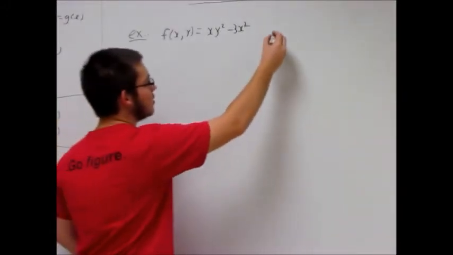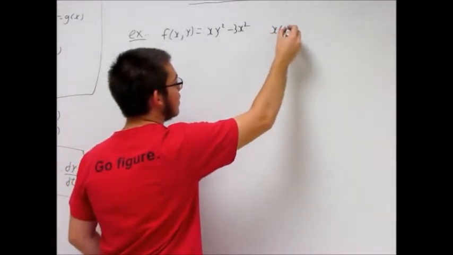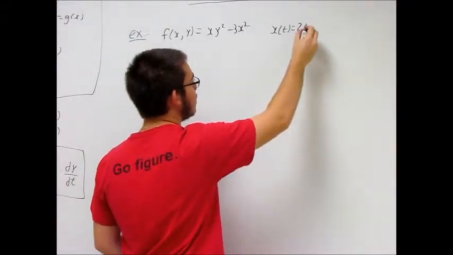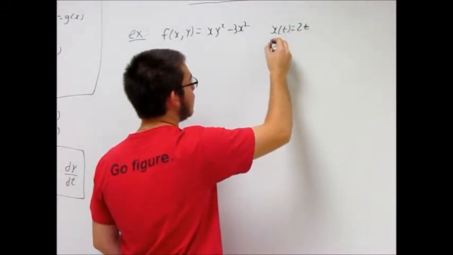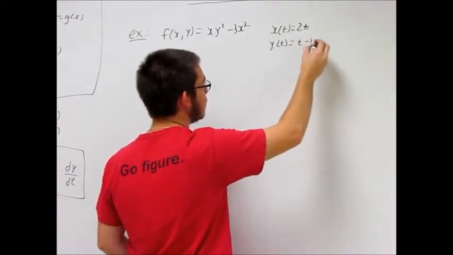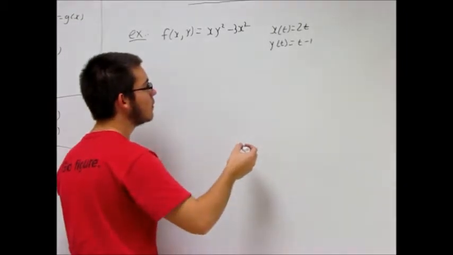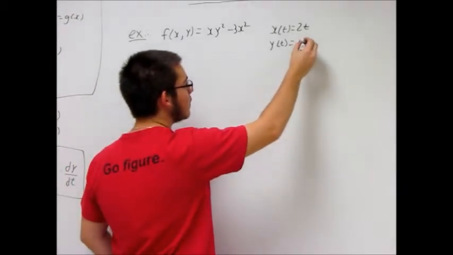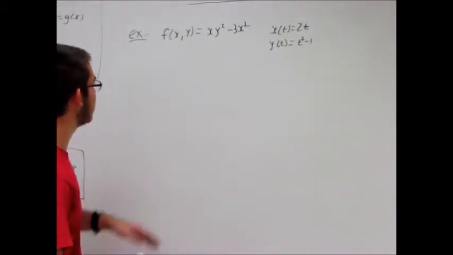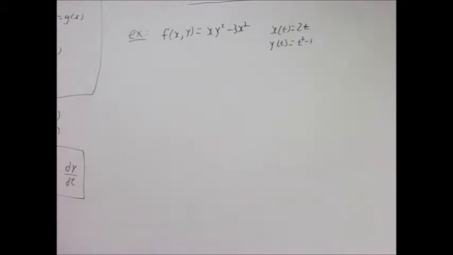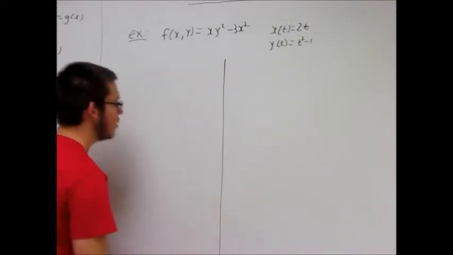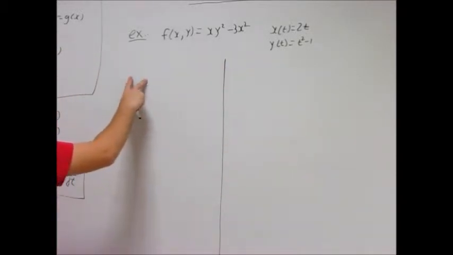And then let's say x of t is 2t and y of t is t squared minus 1, for the sake of this example. So now we have two ways of doing it. One, we can take the derivative with the chain rule, or you can do it by direct substitution. So first, let's just do it the substitution way.